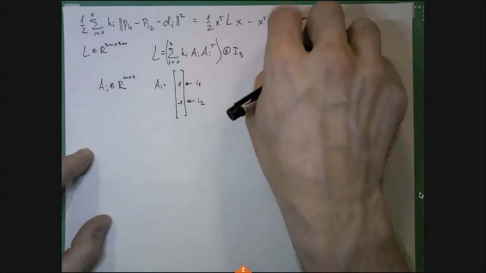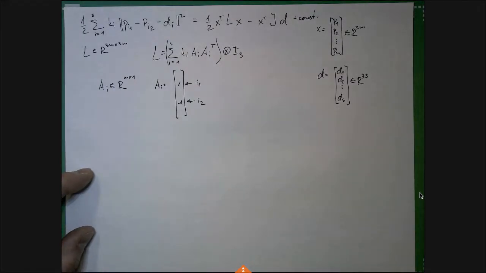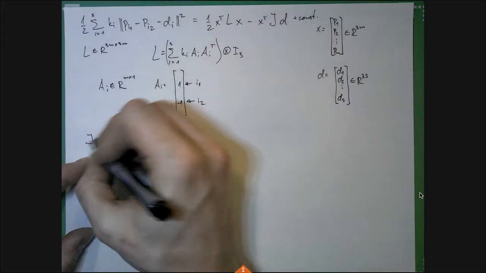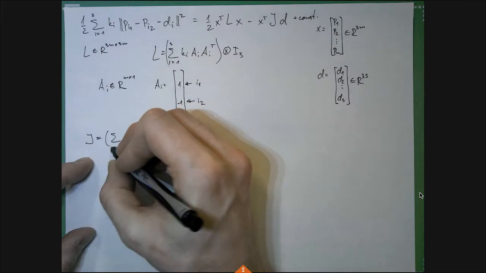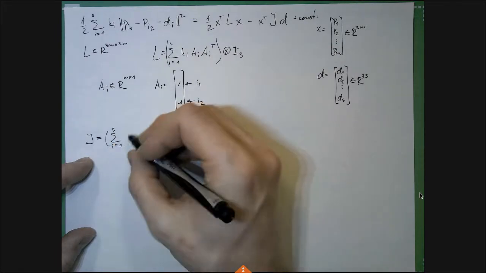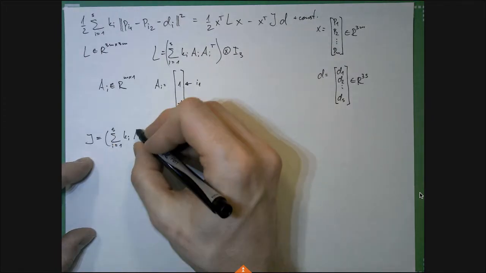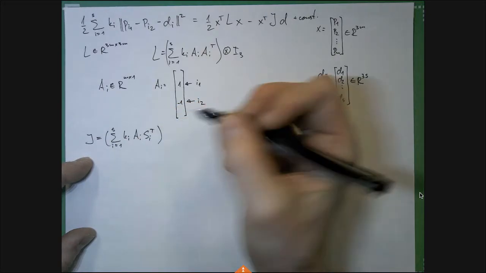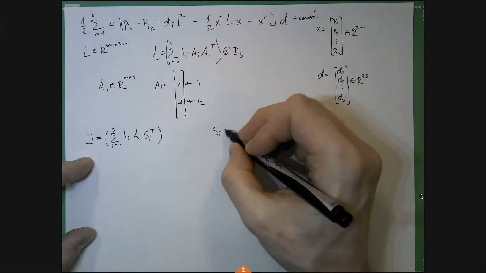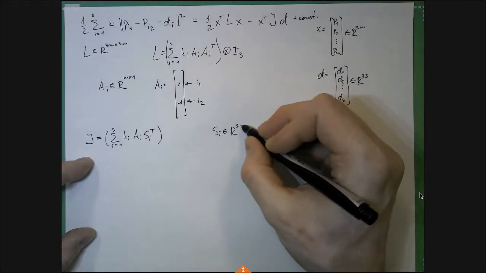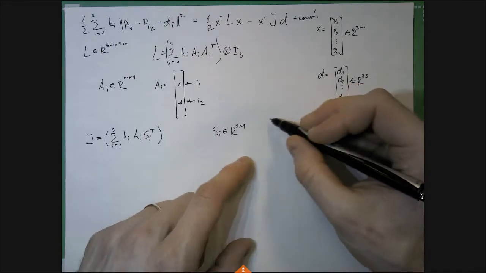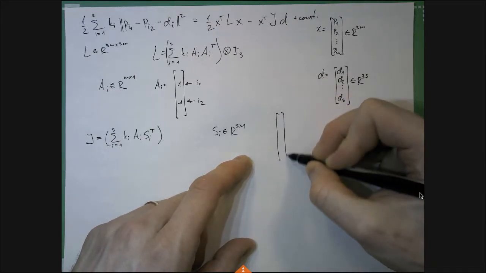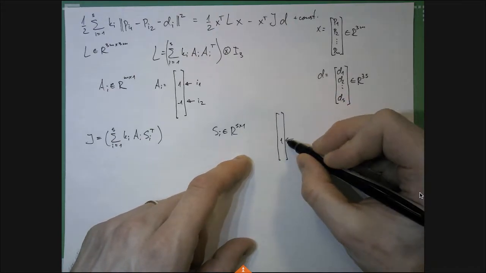What is in the J? J is a similar idea. It's also a sum over all the springs. And here you have the spring stiffness, Ai, and there is some vector Si transposed, where Si is an s by 1 vector. And what is there? All zeros except for 1 at position number i.